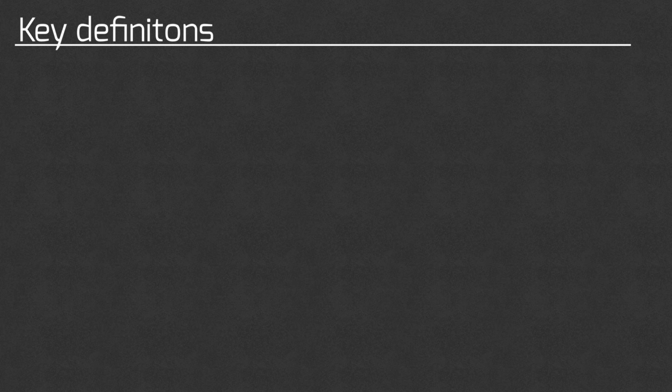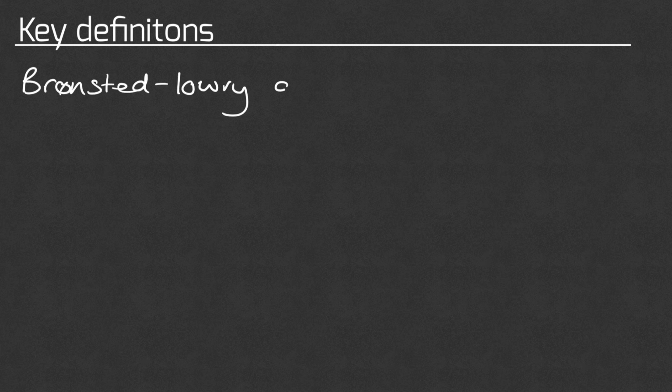For this topic, we need to know what the definitions of the acids and bases are. When we talk about acids and bases in this topic, we're referring to Bronsted-Lowry acids and Bronsted-Lowry bases. You can also have things called Lewis acids and bases, which are not covered in this topic.